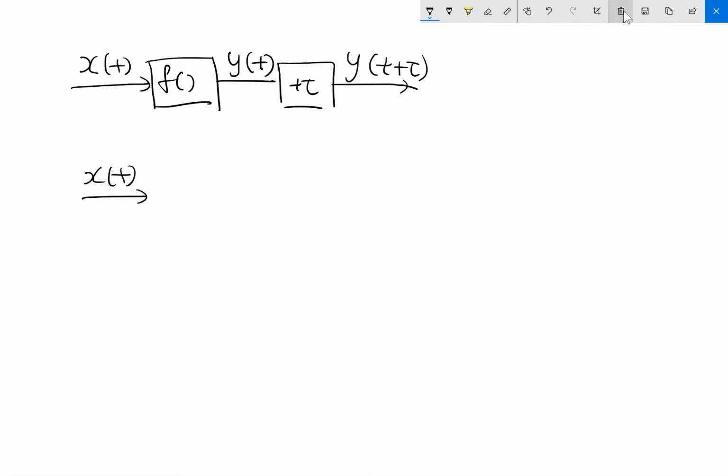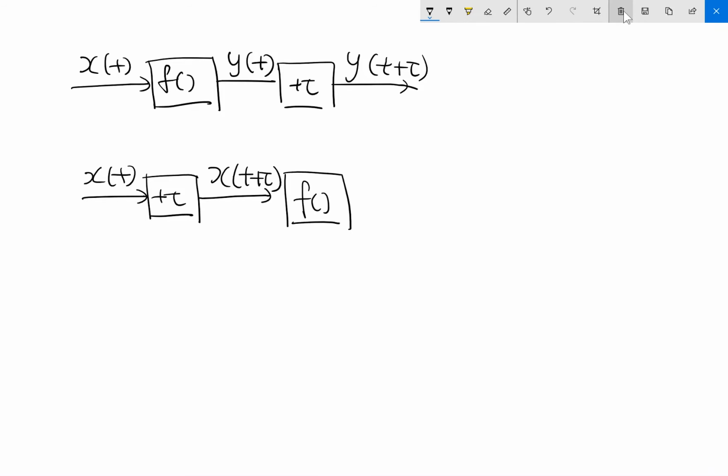So it's x(t) shifted by plus tau first, giving x(t+tau), and then it goes through the system, and finally we get f(x(t+tau)). If y(t+tau) is the same as f(x(t+tau)), then it is time invariant.